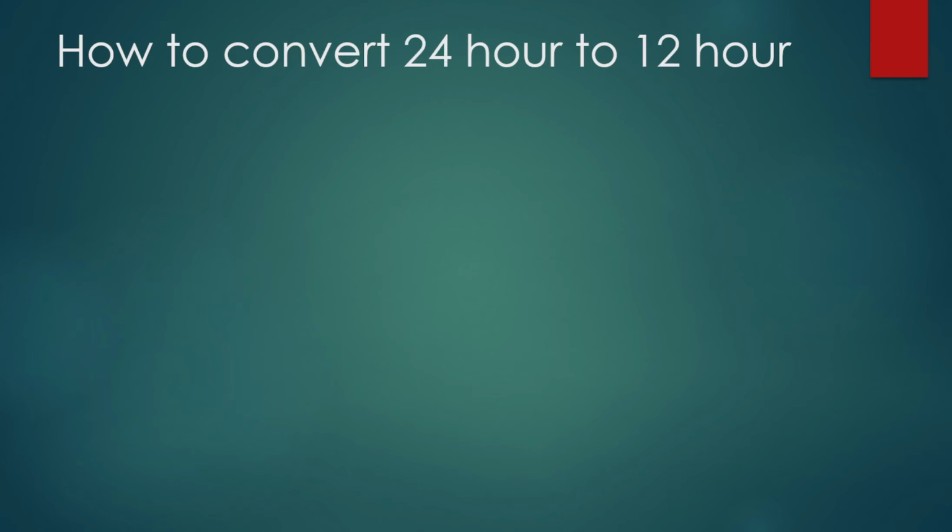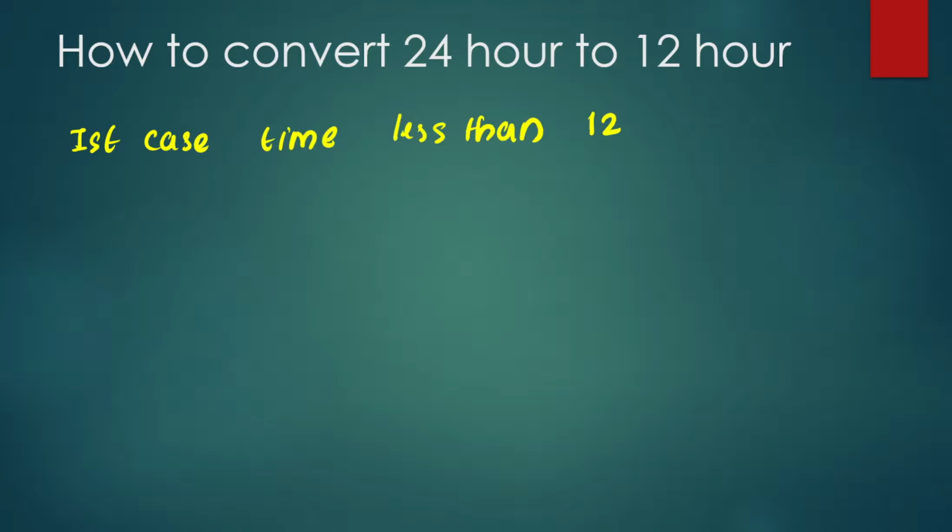In order to convert 24 hours to 12 hours, consider two cases. The first case is time less than 12 hours. For example, 9:10. So 9 is less than 12.